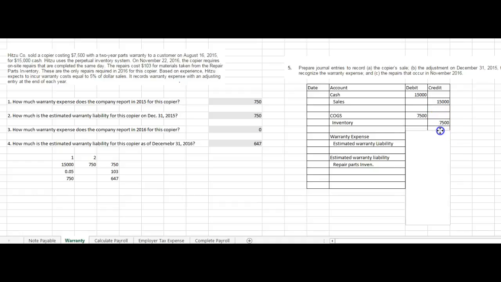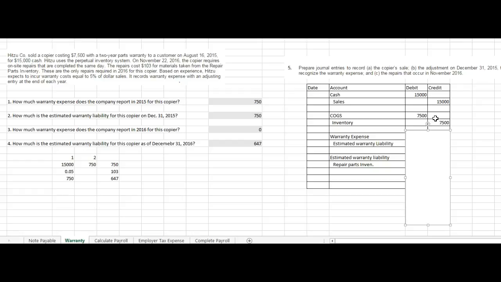Now, if we didn't have a warranty on it, we're done, but we do have one. And it keeps going. It says repairs cost $103, and then on November 22nd, 2016, it had on-site repairs.